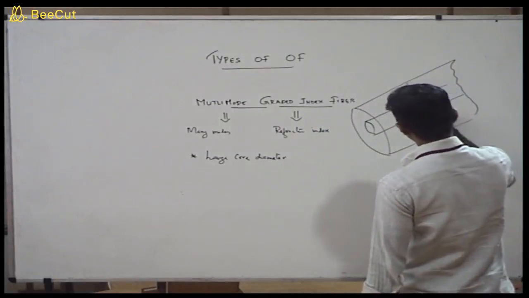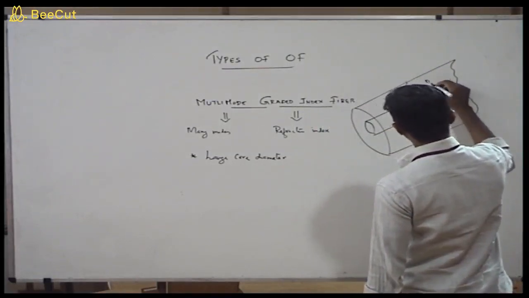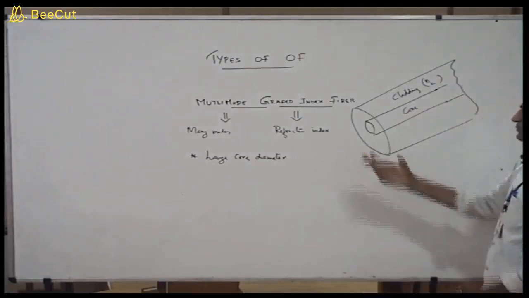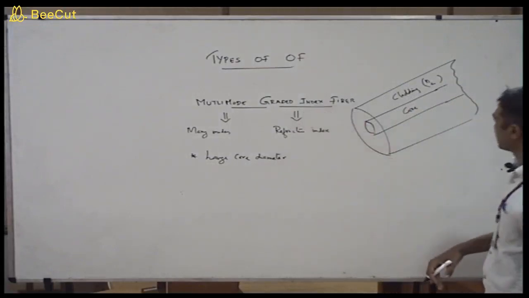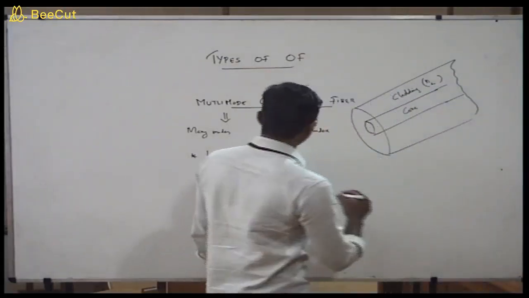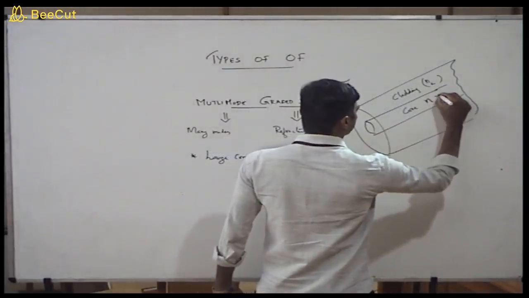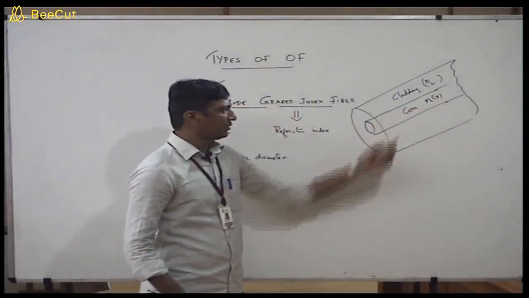So this is a core and this is a cladding, which is having a refractive index of N2. And the difference between this multimode graded index fiber and the single mode fiber and step index multimode fiber is that the core refractive index varies. I will explain the point later on.